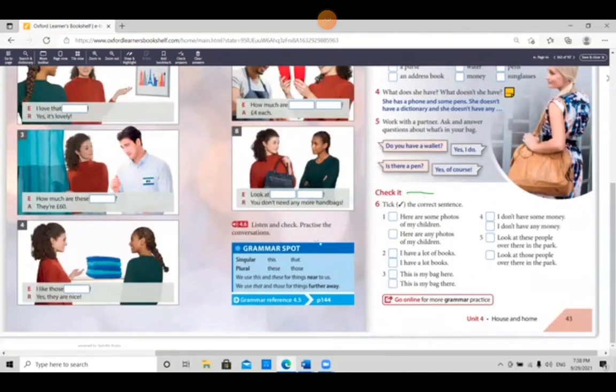Let's look at number 6. Tick the correct sentence. Now in each number, you have one correct and one wrong sentence. Let's read them and check which one is correct. Yes, number 1.